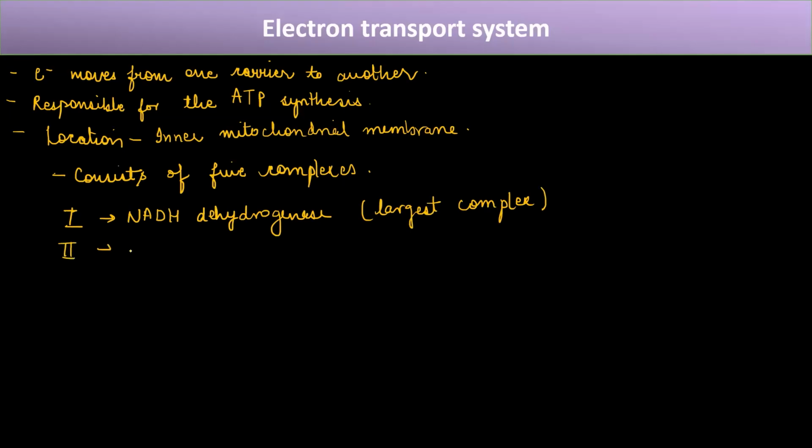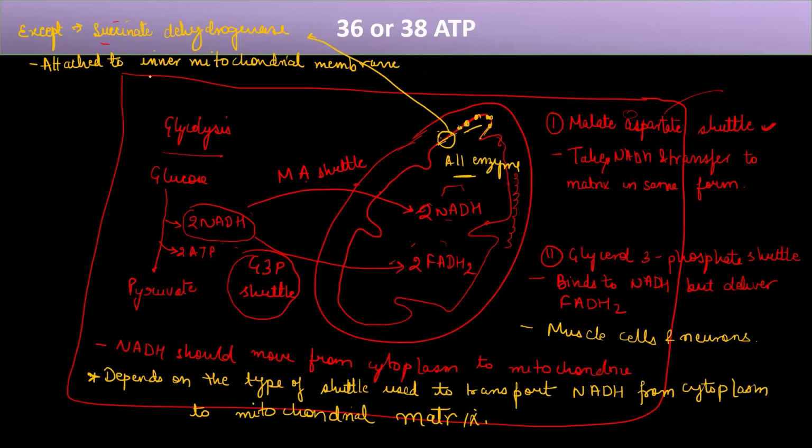The second one is succinate dehydrogenase. Have we heard this name before? Yes, right. Succinate dehydrogenase actually catalyzes one of the intermediate steps of the Krebs cycle as well. But it is also involved in the electron transport system, and probably this is the reason why it is attached to the inner mitochondrial membrane.